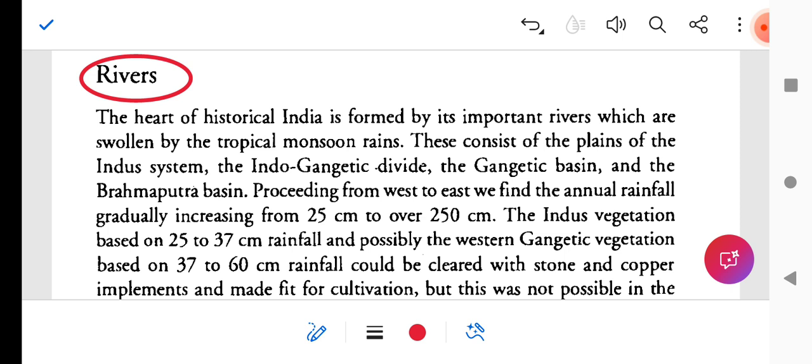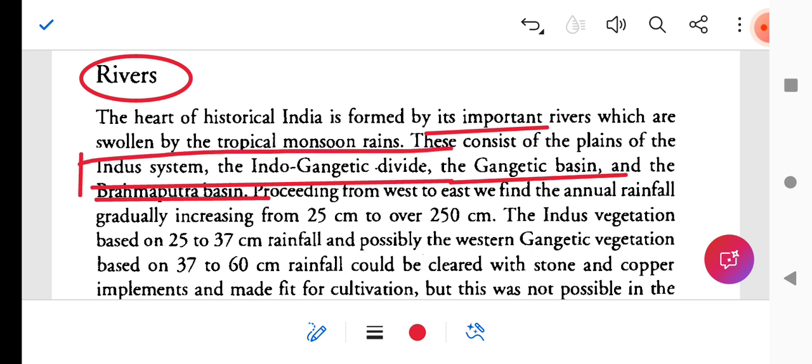The heart of historical India is formed by its important rivers, which are swollen by the tropical monsoon rains. These consist of the plains of the Indus system, the Indo-Gangetic divide, the Gangetic plain, and the Brahmaputra basin.